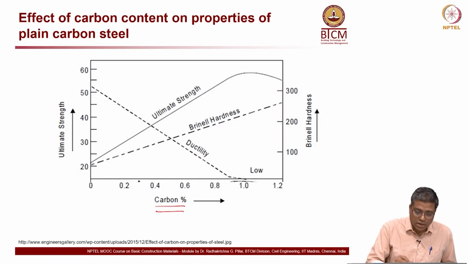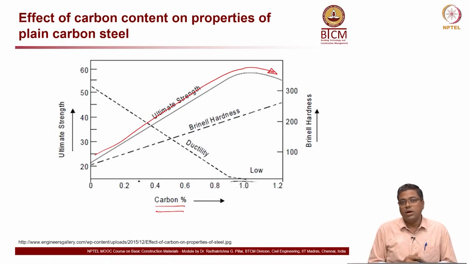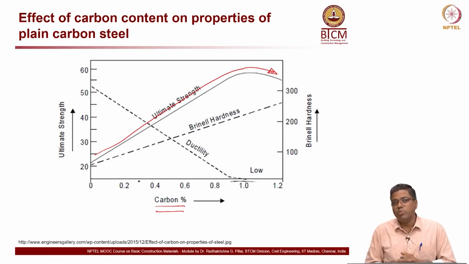Now, this carbon content influences the tensile strength and hardness of the material. Let us look at this solid curve here. That is the tensile ultimate strength, or tensile strength, of the material. You can see as the carbon content increases, initially the tensile strength increases, and then at about 1% it peaks, and then if you keep on increasing, the strength decreases.